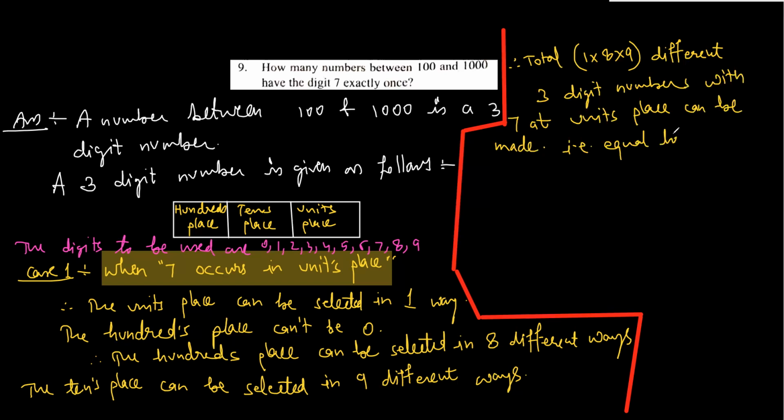That is equal to 1 into 8 into 9, which is 72. See, what is the number? 72. Now I will go for case 2.